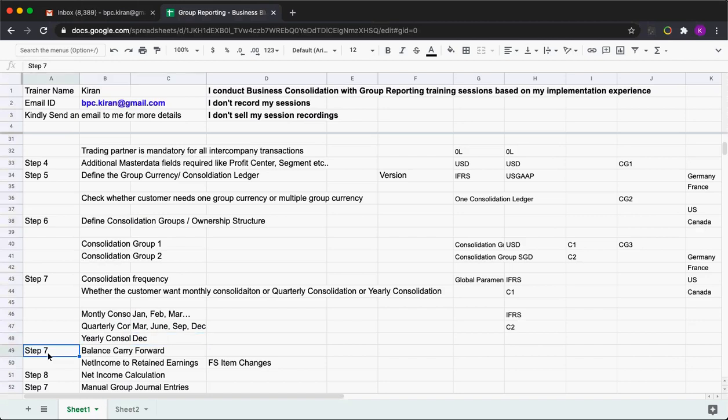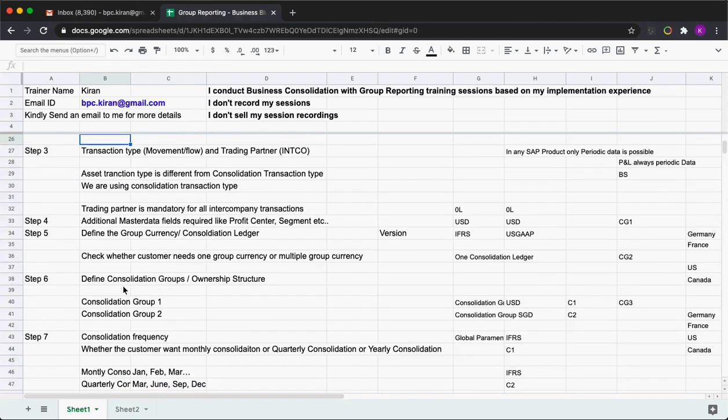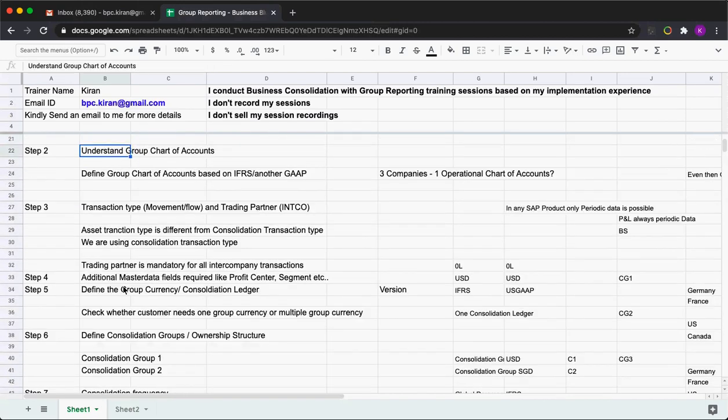Now, the next point. Till here, we are talking about the master data. The main stress here will be financial statement items. You should be careful when you are describing your group chart of accounts, right?